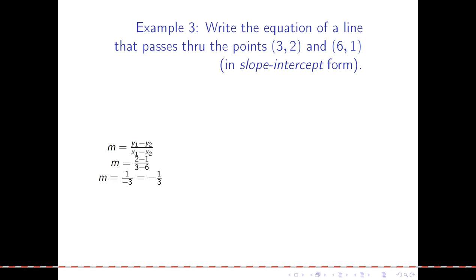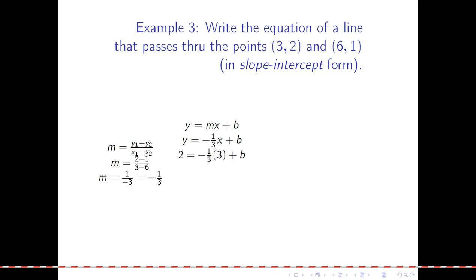All right, so welcome back. So hopefully y equals mx plus b is where you started. We have a slope. Let's substitute that in. I'm going to take the point (3, 2). Again, you could use (6, 1). Either of the points is perfectly fine, and both will lead to the same b value. But I just picked (3, 2) because it's the first one.